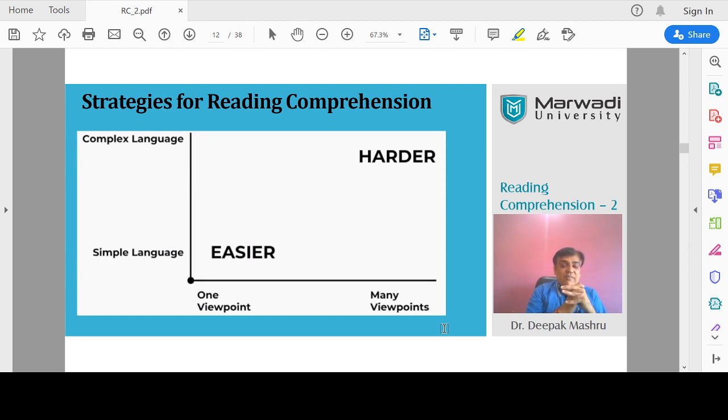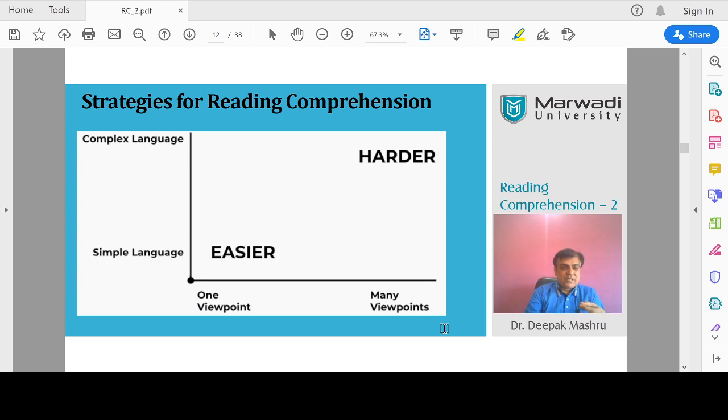Now, if I talk about language-wise, there are paragraphs and passages which are generally based on language choices. For example, if the given paragraph has used simple language, it will be easier for you.